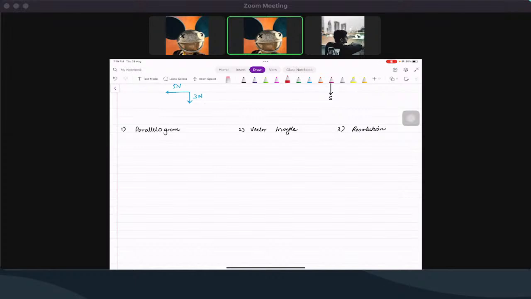Okay, so the parallelogram method is only graphical. The vector triangle is basically graphical as well as analytical. And the resolution is only analytical.